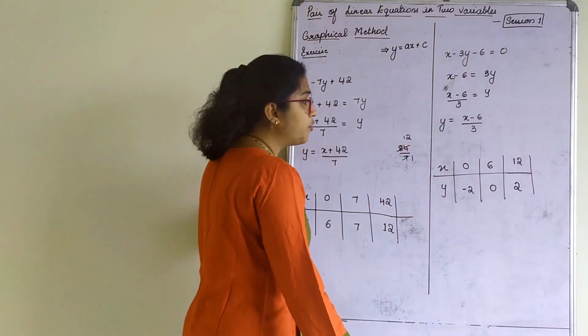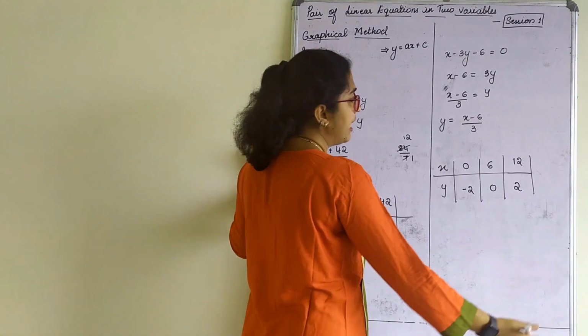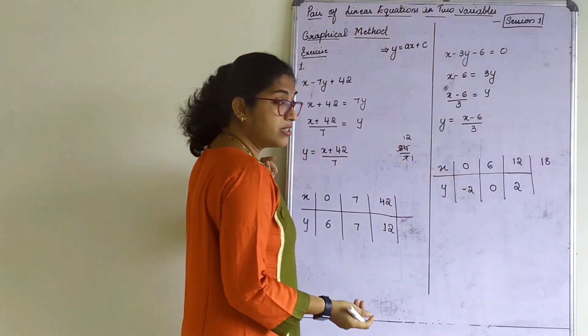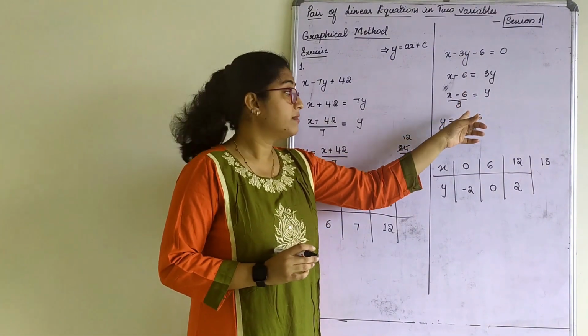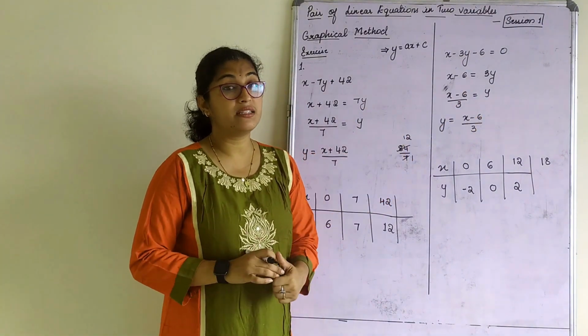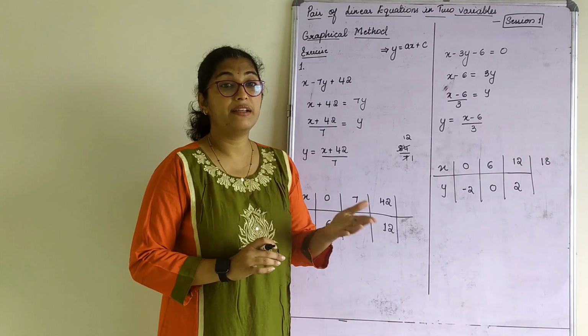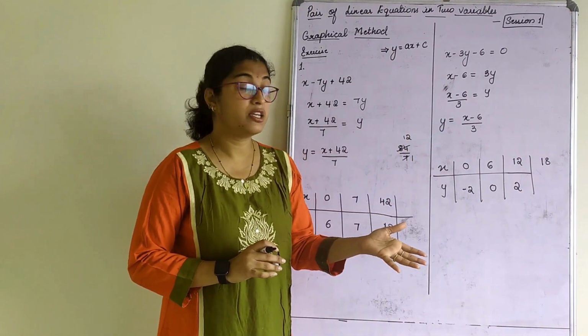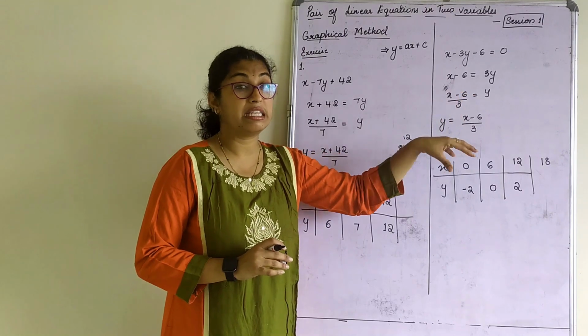One more value if you want, you can give, otherwise you can leave. I will give x value as 18. Now how do I know I have to give this only? See children, assume that I will give 10. 10 minus 6 is what? 4. 4 divided by 3, fraction. I'll give 11. 11 minus 6, no, I'll give 12. 12 minus 6, 6.